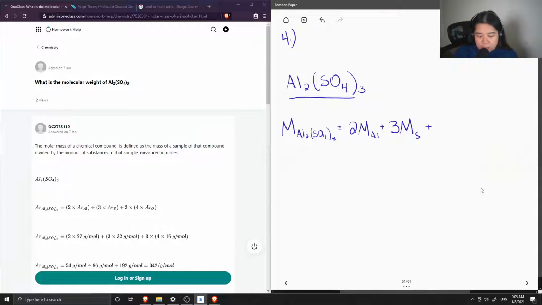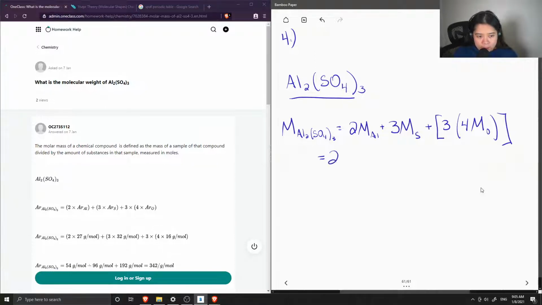So not only do we have to multiply the molar mass of oxygen by 4, we'd also need to multiply that by 3. So I'm just going to show multiple brackets so we can show what that would look like. So 3 times 4 times the molar mass of oxygen.